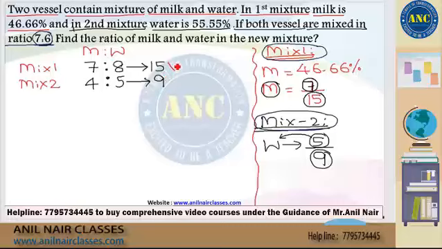15 into 3 is 45, 9 into 5 is 45. Now they are in equal ratio, but they don't want it in equal ratio. They want it in the ratio of 7:6. Multiply the first value by 7 and the second value by 6.